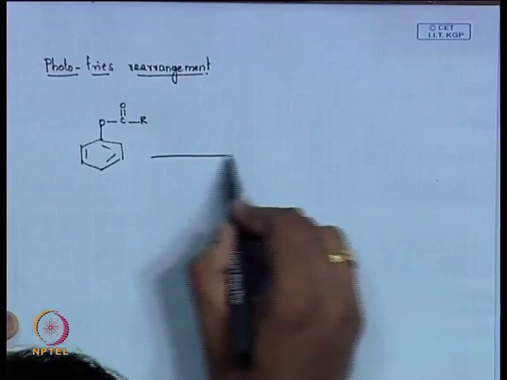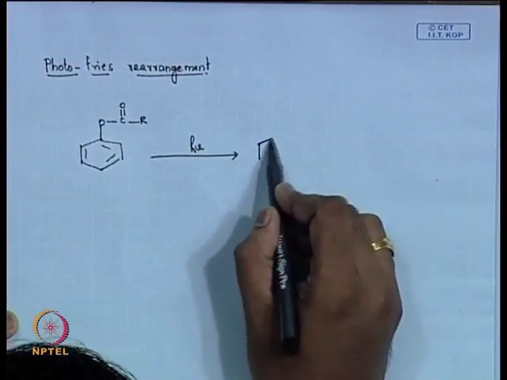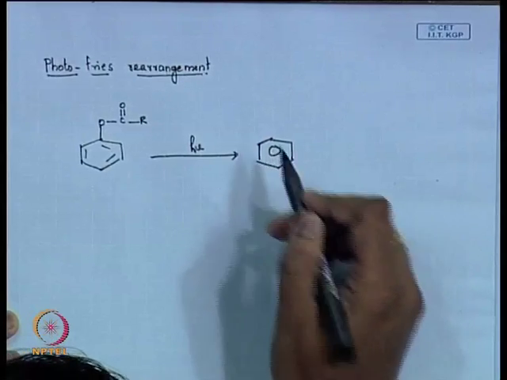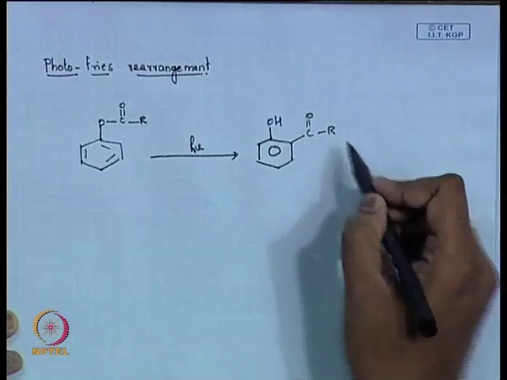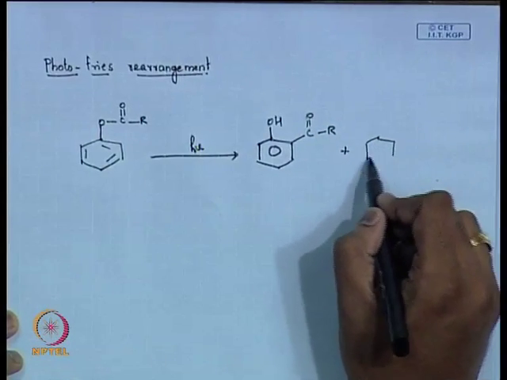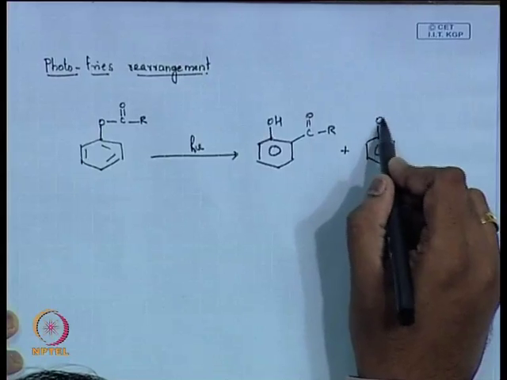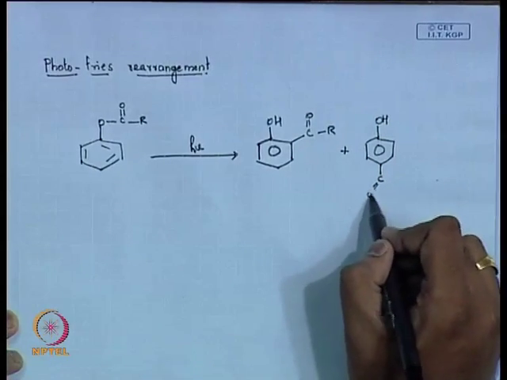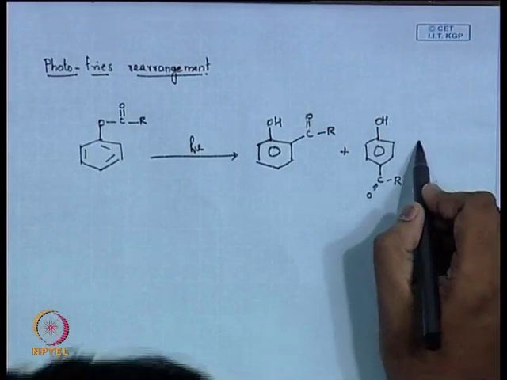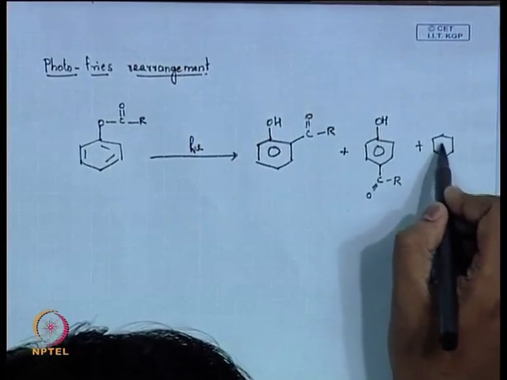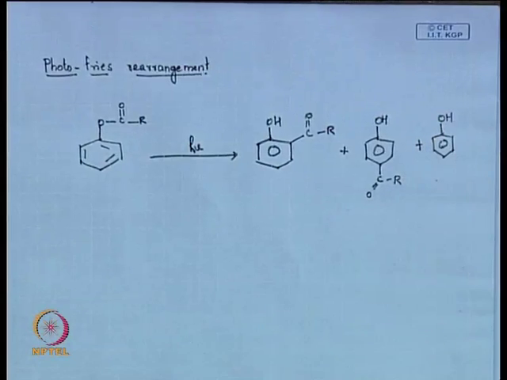But in photo-Fries rearrangement, it's the other way around. So if you do the photolysis, in the same way you end up with your ortho and your para, similar to Fries rearrangement, but you get one more product which tells something. You get a type of phenol which you do not see in Fries rearrangement.